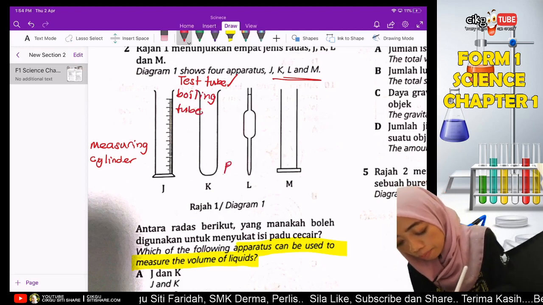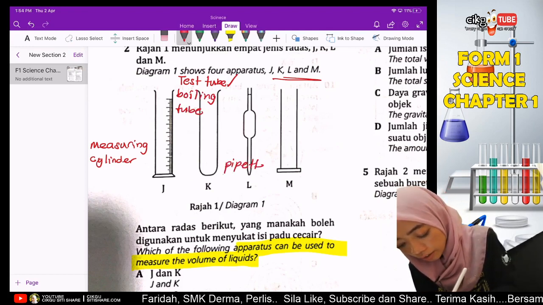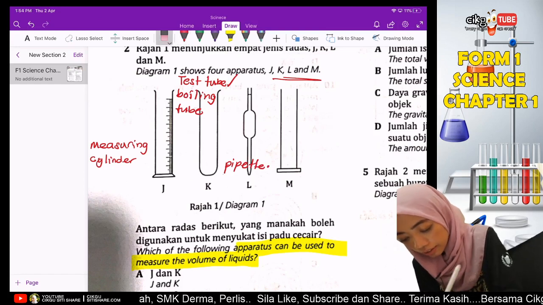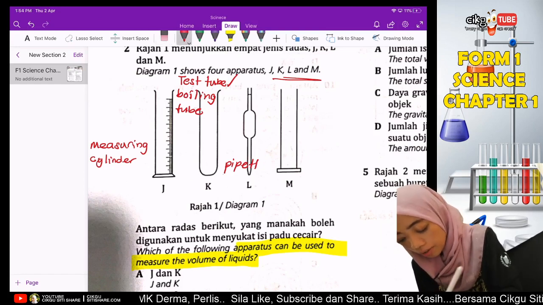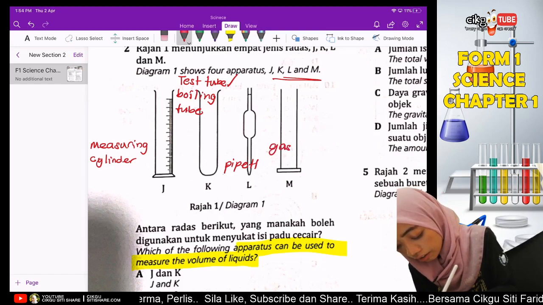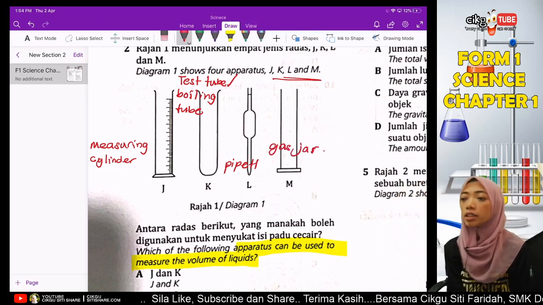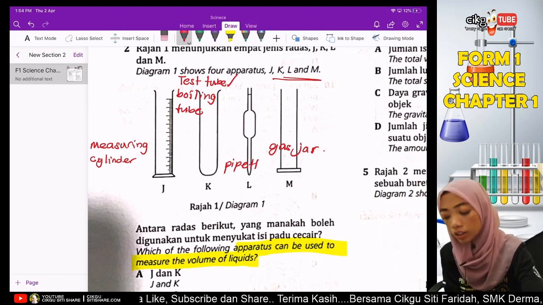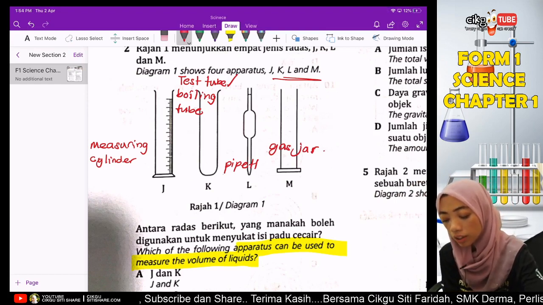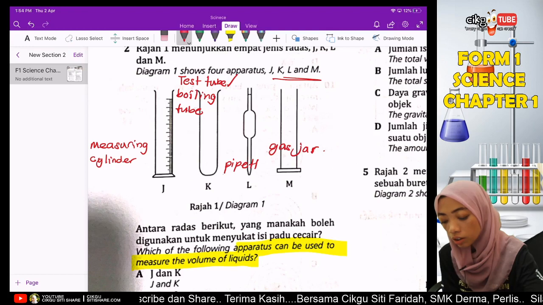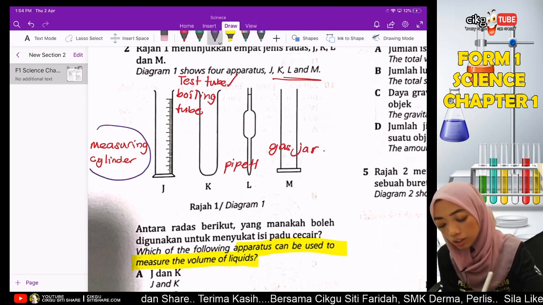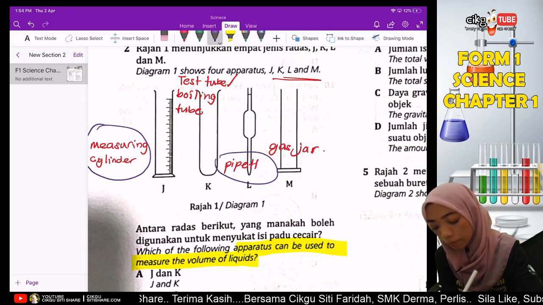L is pipette. And M is gas jar. Okay, which one can measure liquid? Liquid like water, any chemical solution. So the answer is measuring cylinder and pipette.